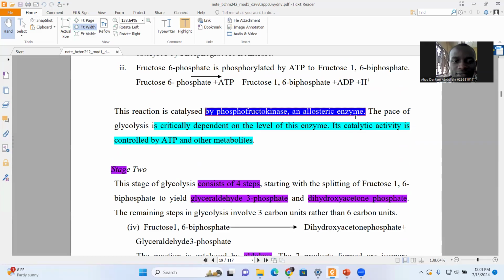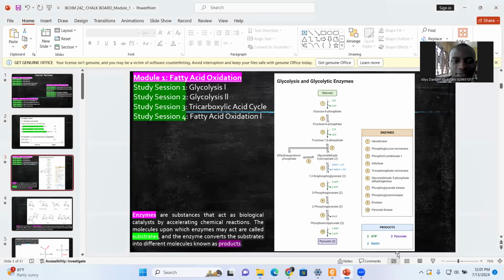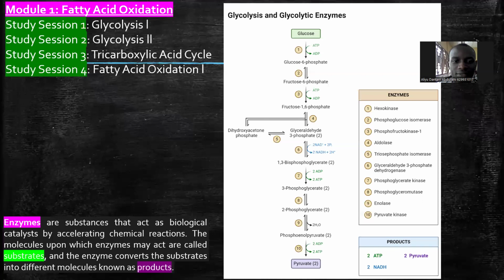I wanted to mention this point. Why? What's an allosteric enzyme? So this reaction here is not reversible. Conversion of fructose 6-phosphate to fructose 1,6-bisphosphate is not reversible, and it is catalyzed by phosphofructokinase, which they termed an allosteric enzyme.